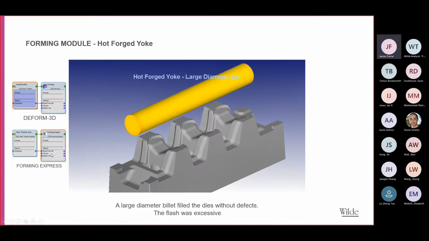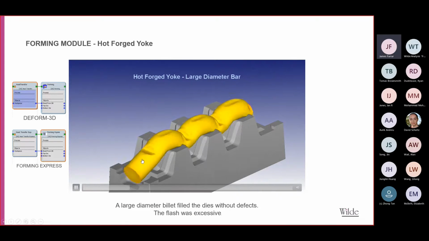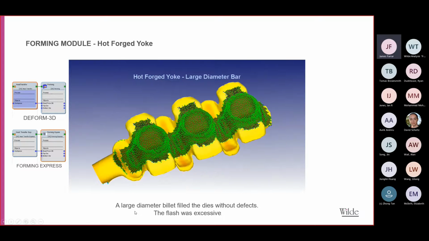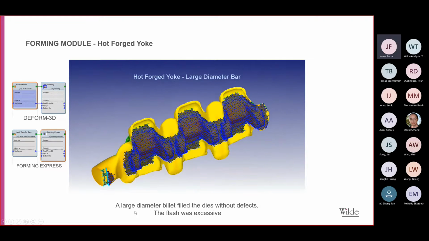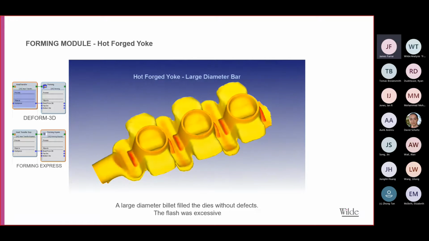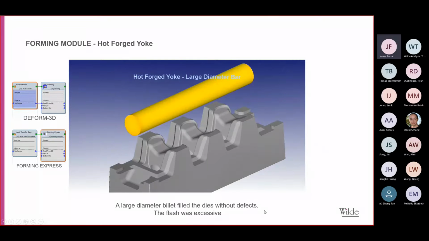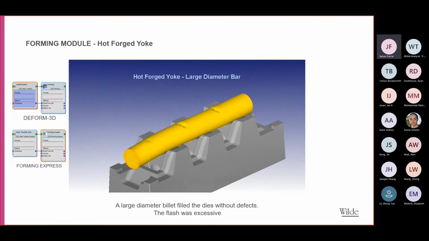They're testing out 3 billet sizes here. They first tested out a large diameter bar, and we get good fill in the process. You can look at the contact and the fill in the die, great fill, but there's a lot of flash in there, so there's going to be a lot of scrap. So it's not an optimum process, and perhaps we need to look at a smaller bar.